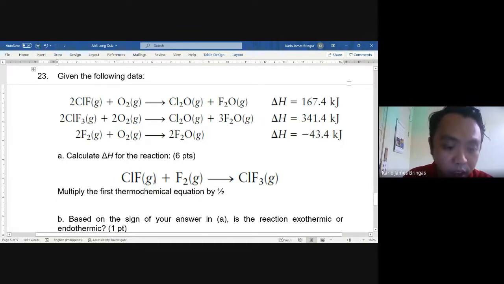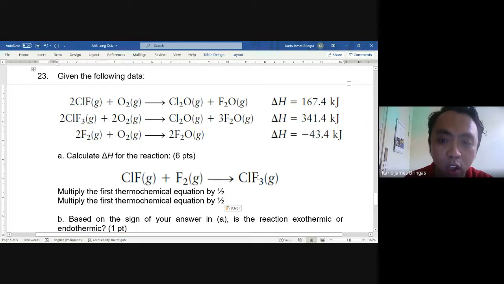Now for the second thermochemical equation, it has the ClF3. The coefficient here is 2 and it is on the reactant side. Meanwhile, in my overall reaction, the ClF3 has a coefficient of 1 and is on the product side.